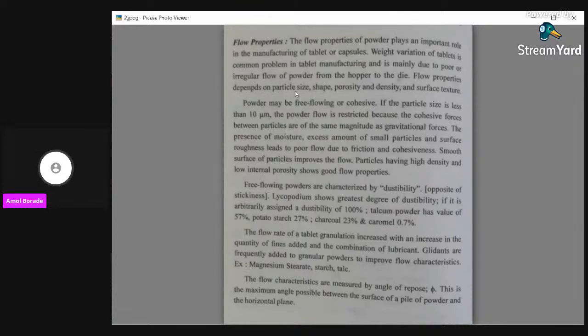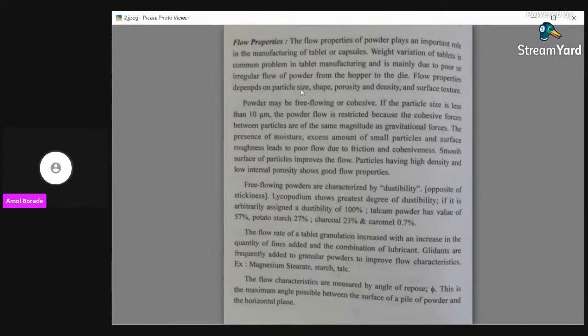For example, one kind of particle would be 0.5 millimeter, another 0.6, another 0.7. That will create variation in sizes, and when there is variation, it will definitely alter the flow property.